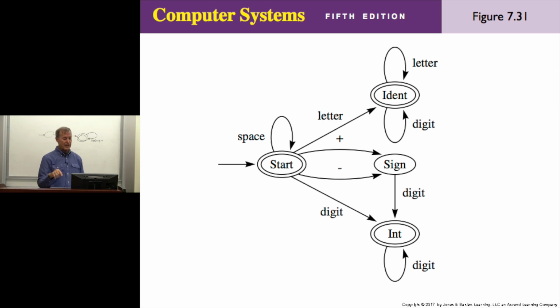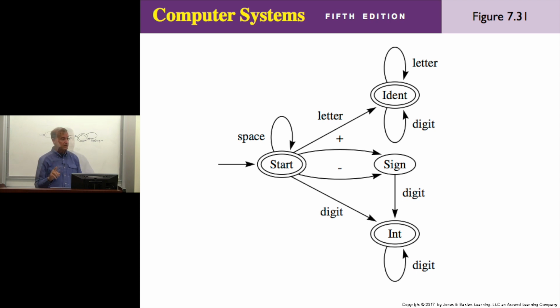So let's think about that 48B. So the 4, starting at the start state, the 4 will take us to what? On digit, it will take us to int, and then the what? The 8 will do what? On a digit will take us to int. But then what will happen with it? We'll be in state int, and then what will we detect? The B, hold on. The next character will be a what?